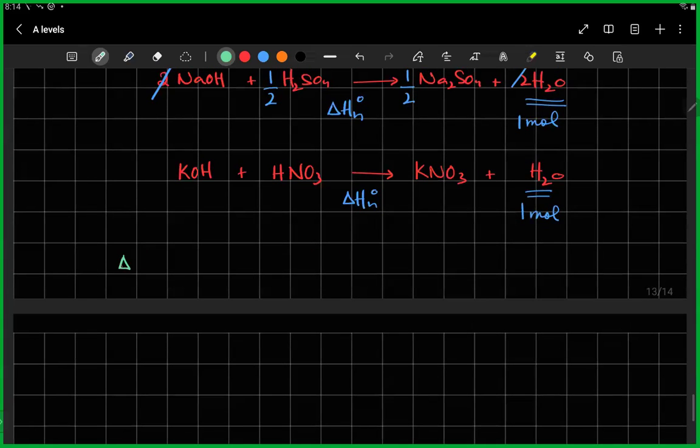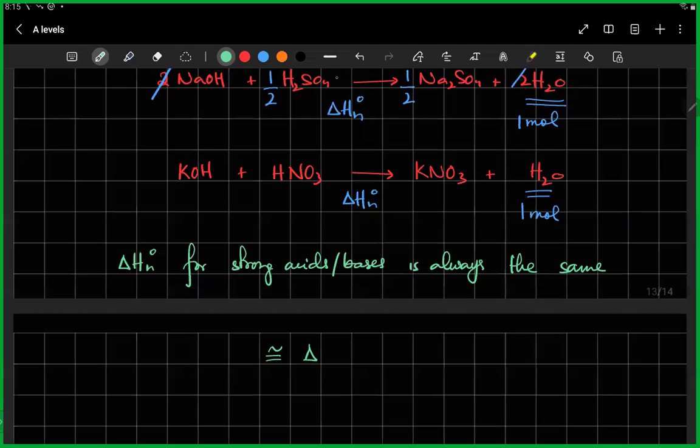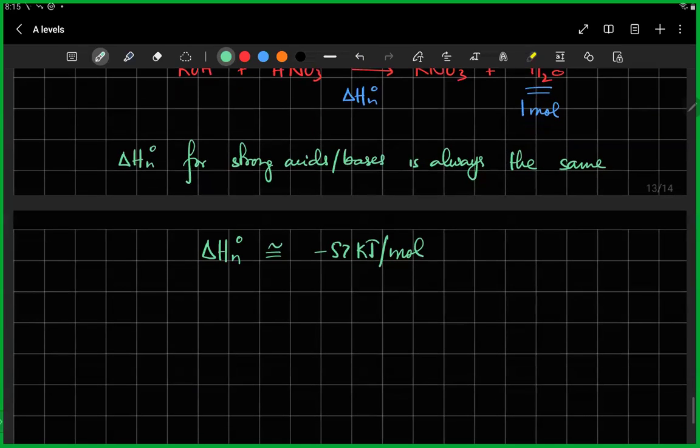So generally, what happens is delta HN for strong acids and strong bases is always the same, which is approximately equal to minus 57 kilojoules per mole. And the reason it's always the same is because it's always the same ionic equation.